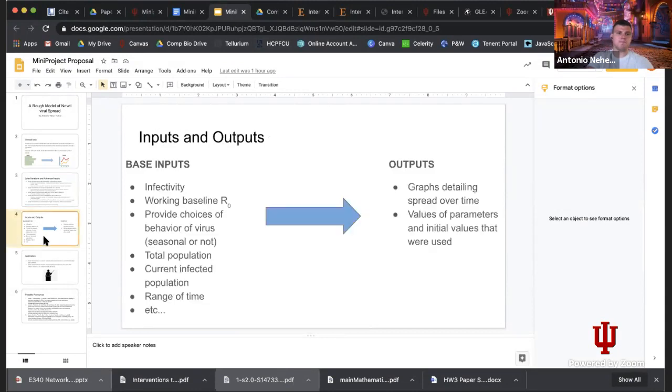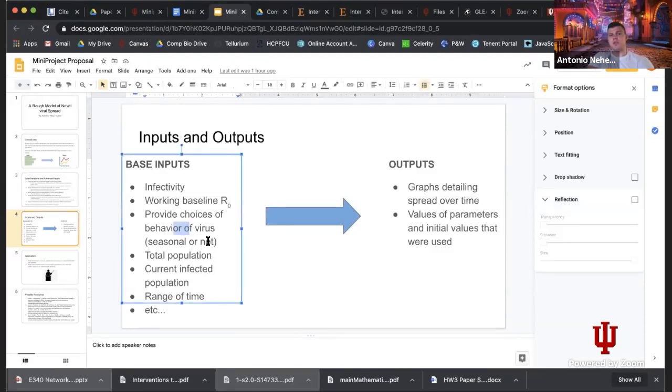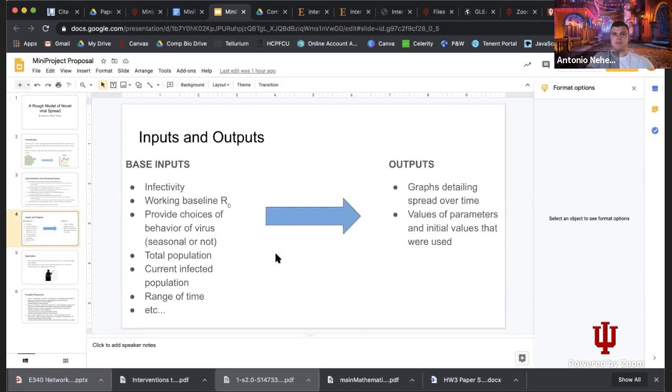Some of the base inputs: infectivity, the working baseline with their R naught values, what they have at the time, a choice of the behavior of the virus, whether it's seasonal or not, the total population they want to study, the currently infected population, and the range of time. They'd put all those into some GUI and it would spit out the graphs detailing the spread and the values of the parameters that it used.